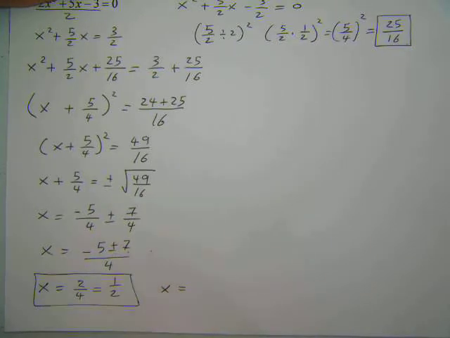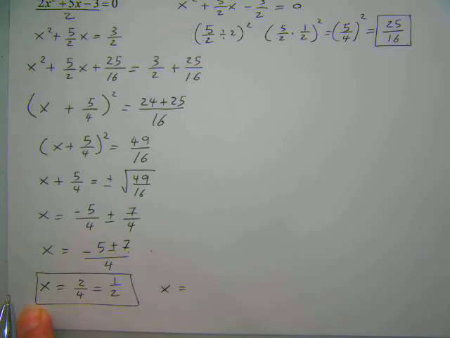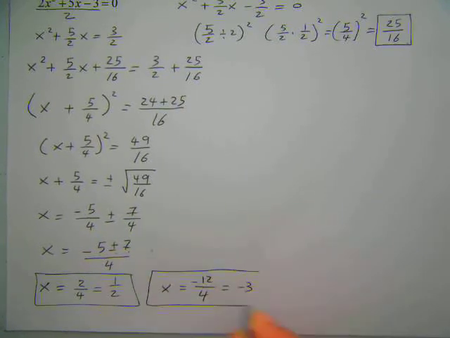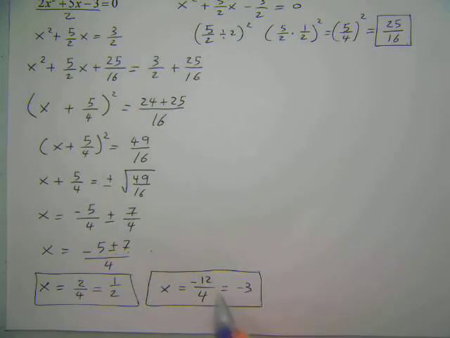So I'm pausing because I'm not getting the same answer as I thought I would. Okay, no, it is actually. Okay, so it's equal to negative 12 over 4, and then simplify and you get negative 3. So we have these two answers.